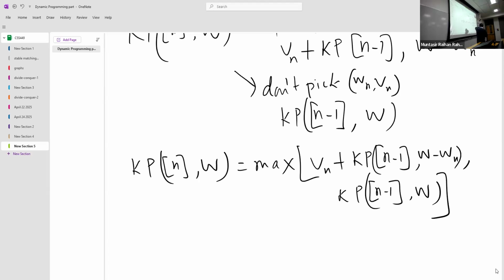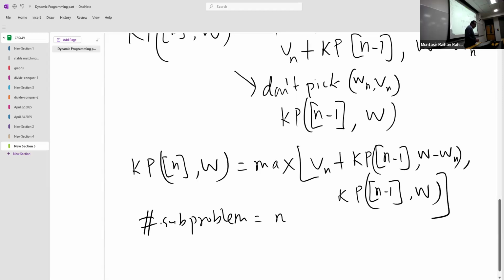It's just n changing by minus 1. Anything else? Your weight is also changing. So two parameters are changing. So what is the range of n? Just 1 to n, right? So the number of possible values of n is n.